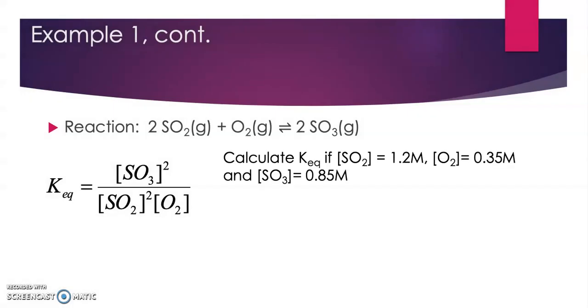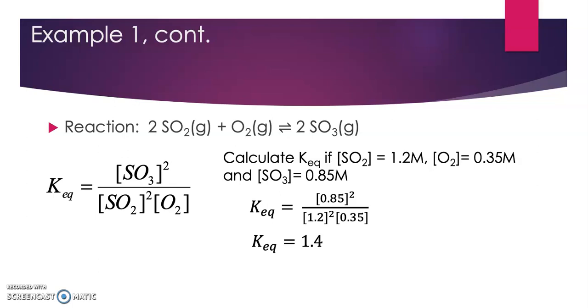Okay, let's do another problem with this. So now that we've got our KEQ expression, let's evaluate it. If at equilibrium, the sulfur dioxide concentration is 1.2 molar, the oxygen concentration was 0.35 molar, and the sulfur trioxide concentration was 0.85 molar, we can substitute these values into the KEQ expression and then use that to evaluate KEQ. I get a KEQ here of 1.4.